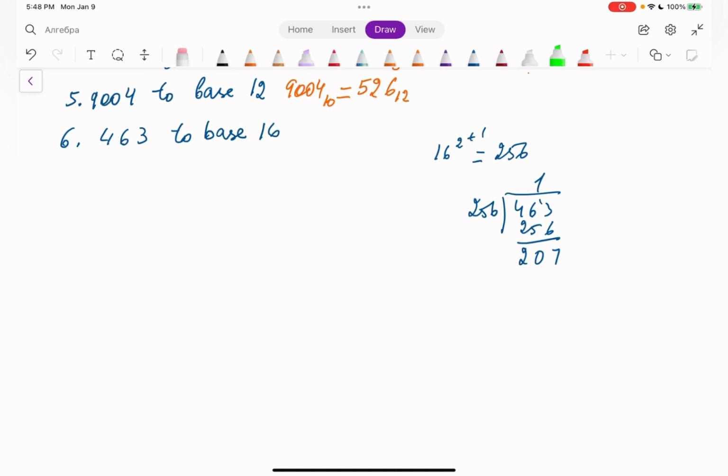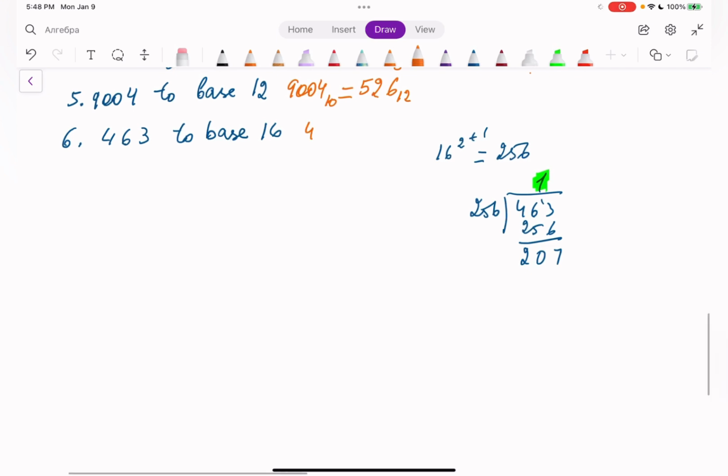This is the first number. Okay, let me place it here. 463 in base 10 is equal to 1, it's the first number. Okay, moving to the next one, to 207.